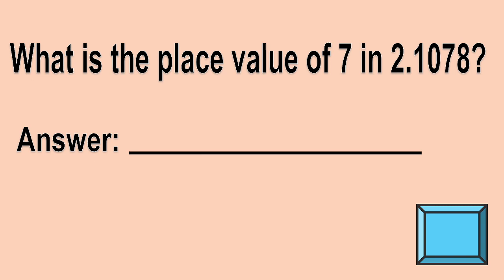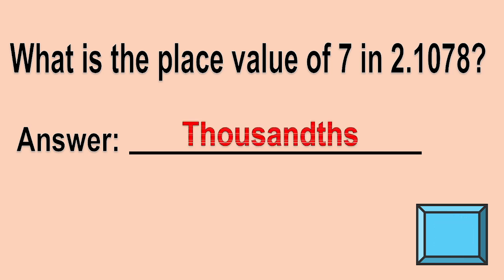What is the place value of 7 in 2 and 1,078 10,000ths? Time's up. The answer is thousandths.